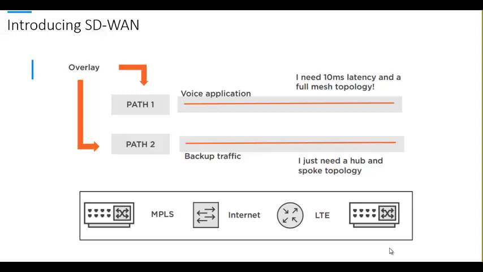SD-WAN can be worldwide. But if you take ACI, maybe between two data centers, multi-sites, not that big like SD-WAN, the concept is same.